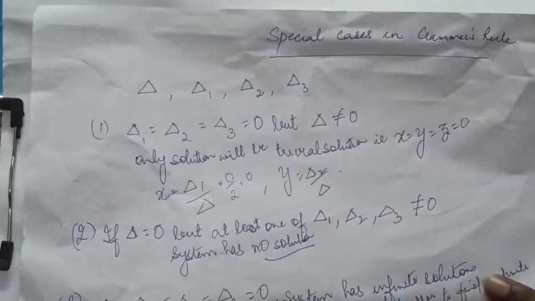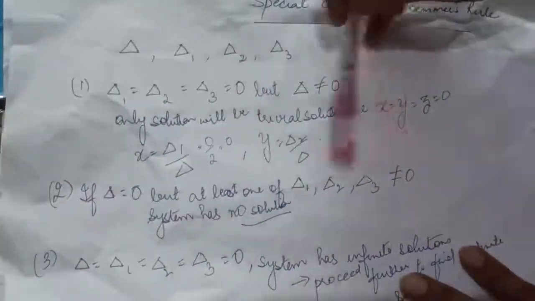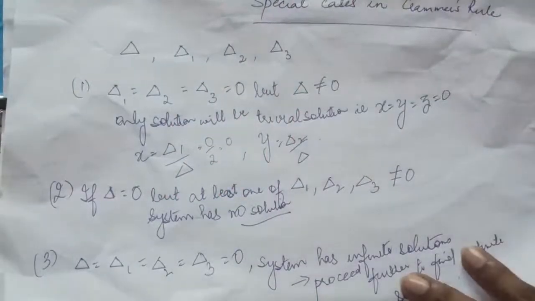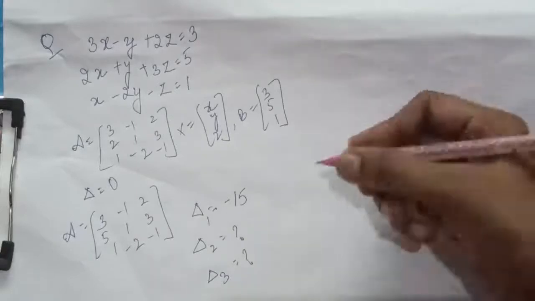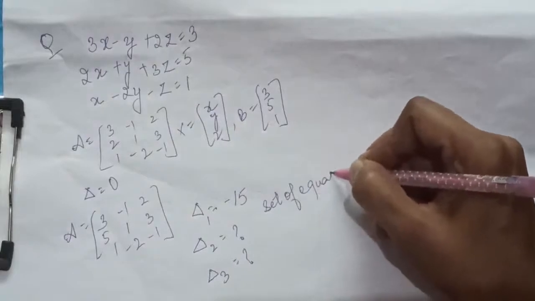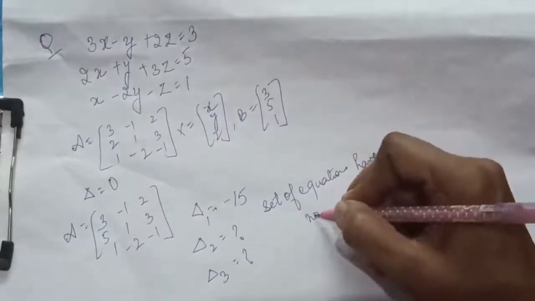Any one of these three, I have tried with only one, and it comes out to be non-zero. So what conclusion do I have to write? I will write that the set of equations has no solution. I will not write any answer, anything. I will simply write that the set of equations has no solution.